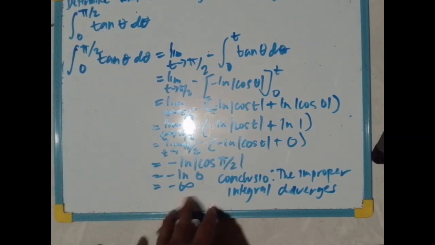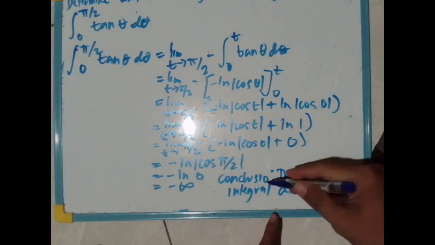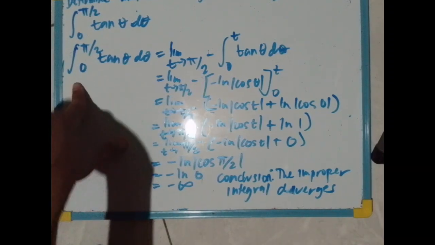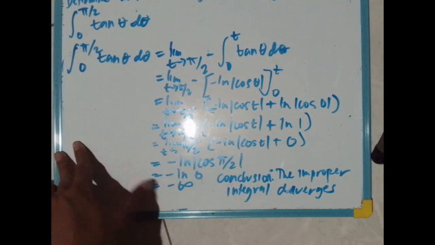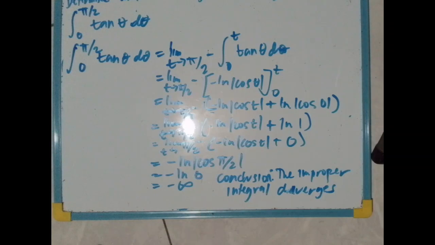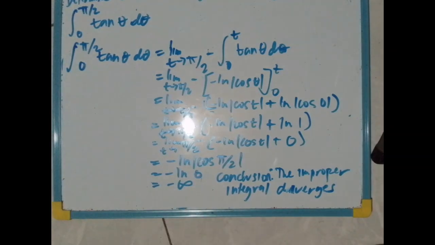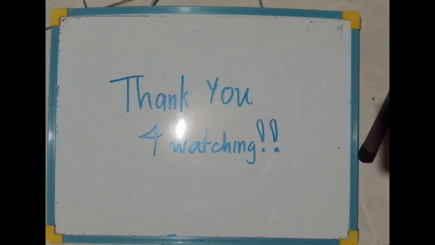So we have negative infinity. Since this is negative infinity, our conclusion is that the improper integral from 0 to pi over 2 of tan theta d theta is divergent, since its limit doesn't exist. Thanks for watching, see you on the next video.